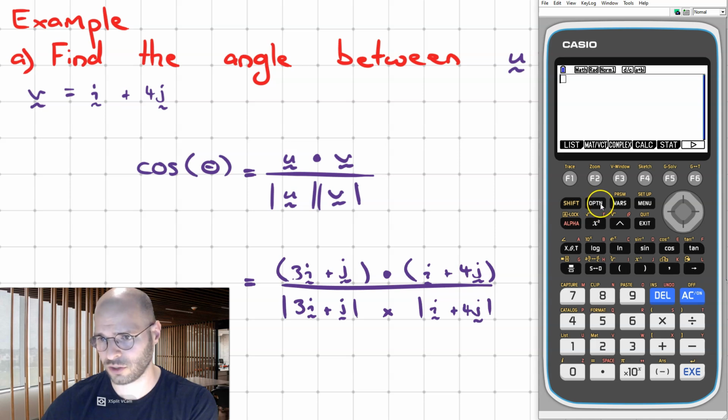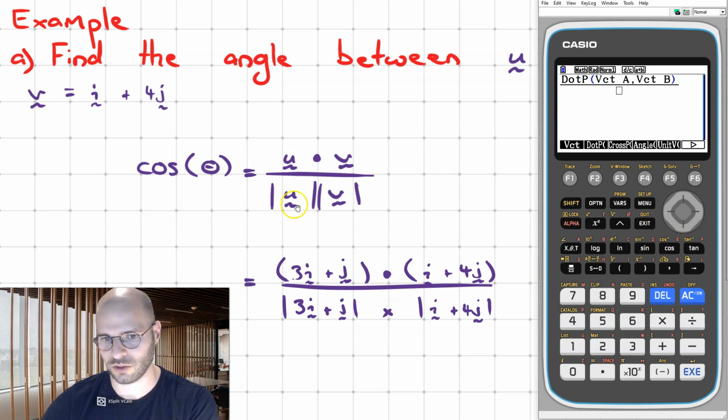Now I go options, mapvec, and now I go across. I'm using the vector features here. I do a fraction. Then I'm going to go vec a dot product, comma, vec b, close it off.